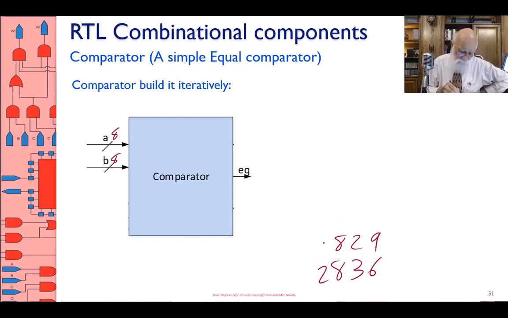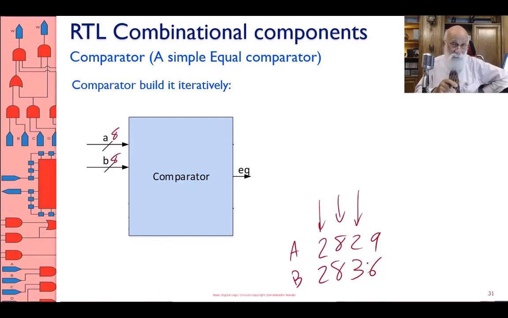But if you had something like 28, 29, and then 28, 38, you would look at this and say, well, 2 and 2 don't tell me anything, so let's go on and look at the next digit. 8 and 8, again, they don't tell me anything. And then as soon as you get to this one, you say that B is greater than A, because you see a 3 and you see a 2. If you continue seeing equals like this, you start from the left-hand side and say, well, 2 and 2 are equal, so I haven't made a decision.